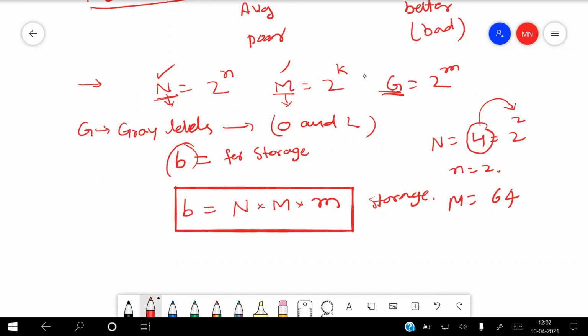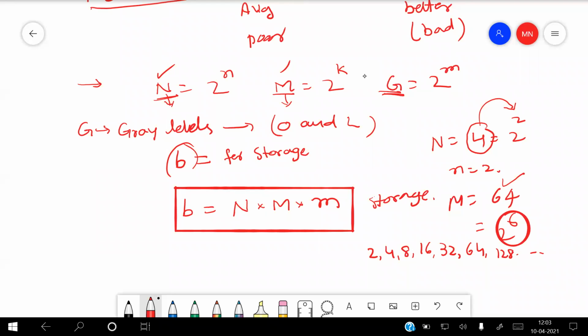M is 64, then this is nothing but 2 power 6. So we will provide the values in powers of 2: 2, 4, 8, 16, 32, 64, 128, like that. So in powers of 2 only we'll consider.